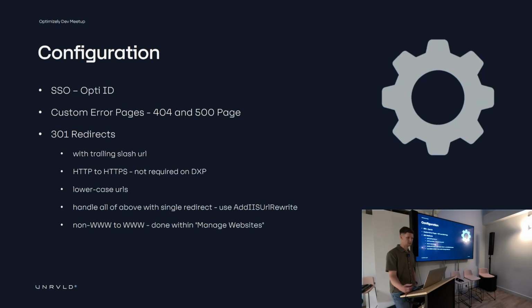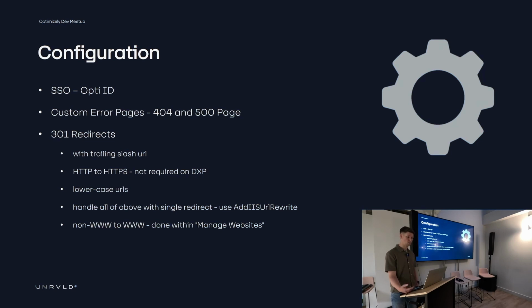HTTP to HTTPS is typically handled. I think it states that in the Optimizely documentation. It's handled and not required. It's handled by DXP if you're hosting with them. You can obviously handle all of the above with a single redirect, which I think is best practice from a technical SEO perspective.